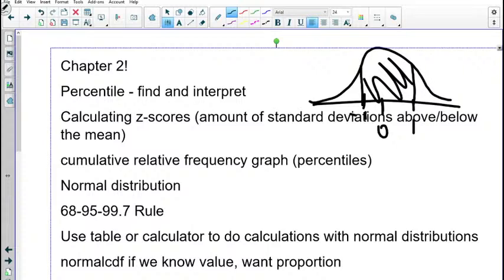So this middle area, what percent did we say was within 1 standard deviation? It's 68. This is 0.68. 68% of the data is within 1 standard deviation. What percent of the data is the interquartile range? So interquartile range, remember, is Q3 minus Q1.